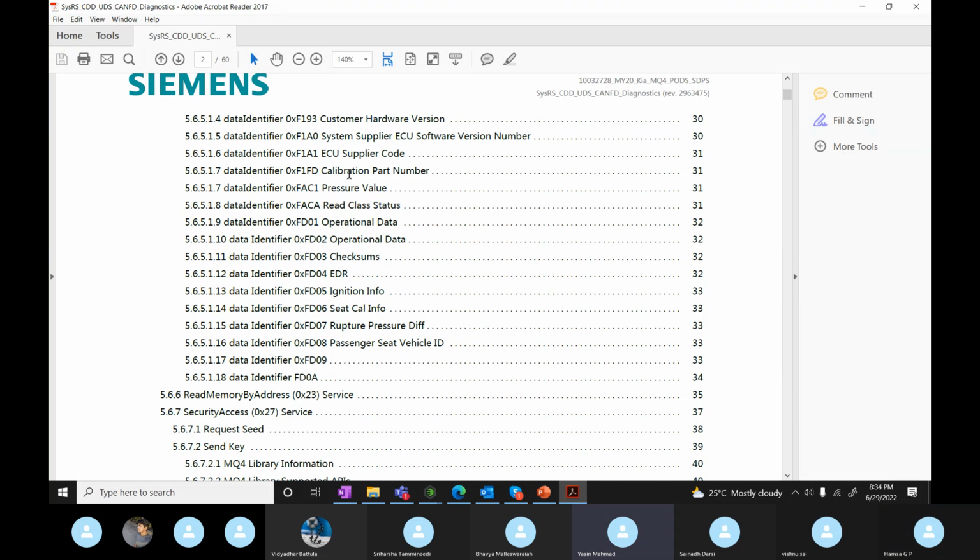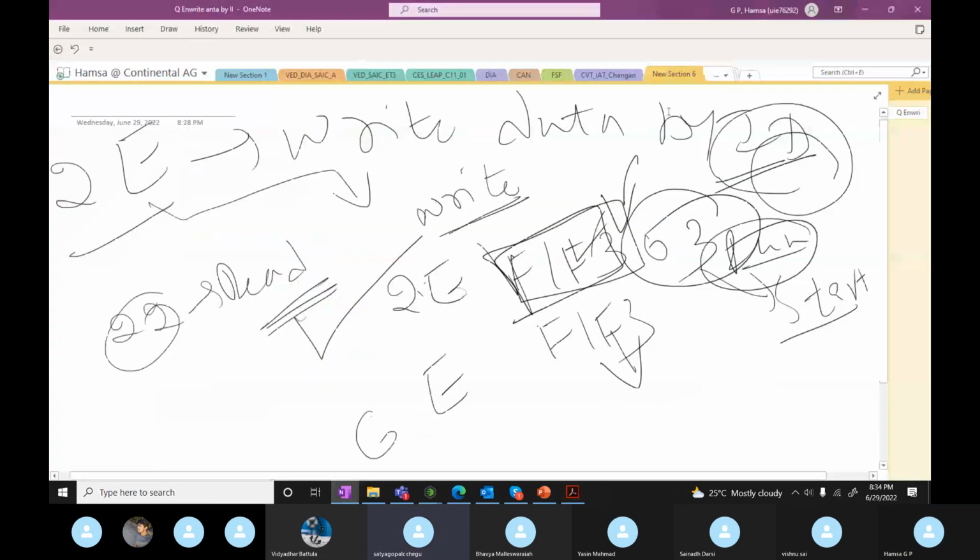It is the process to check whether it is actually working correct or not. Sorry, can you please come again? It is the process to check whether the process is correct or not, working fine or not. I asked, you answered calibration part number. It's fine. I'm asking what is the calibration meaning? See, measurement values.